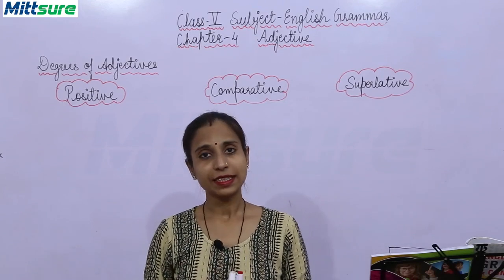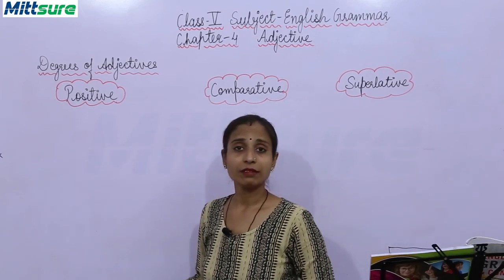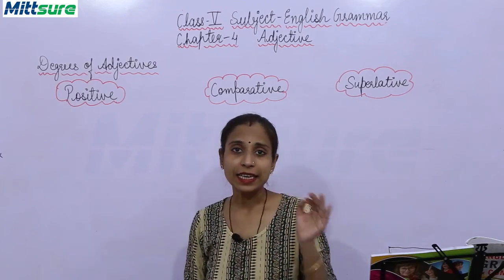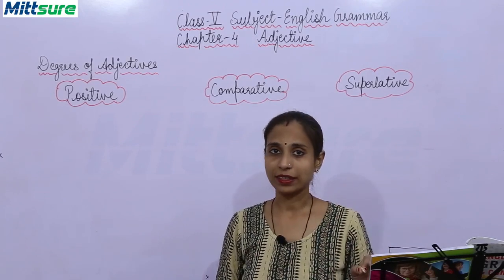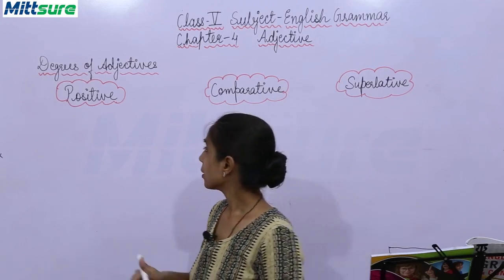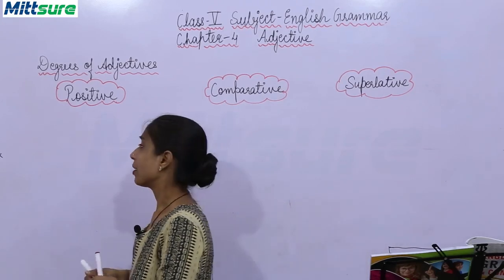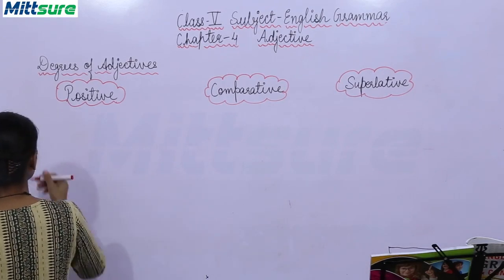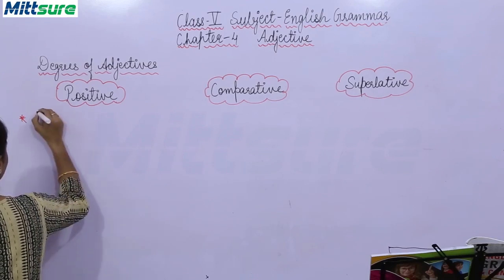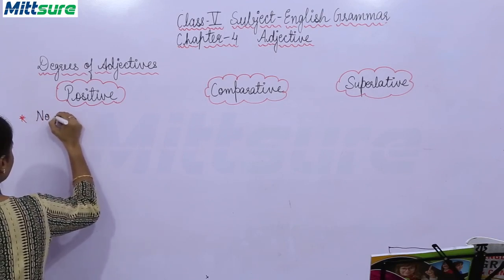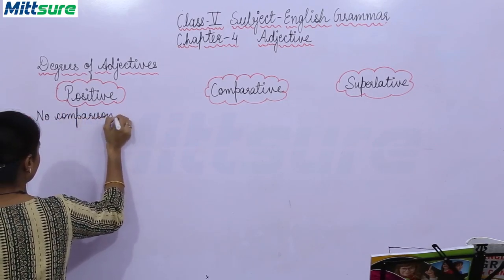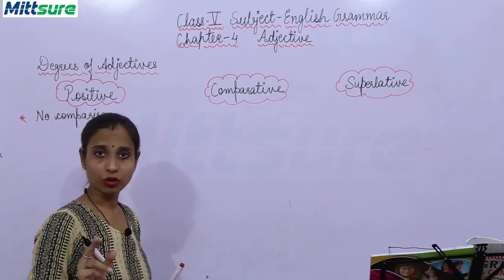Second thing is that when we use positive degree, we declare that there is no comparison of one thing with the other. Got my point? We use positive degree when there is no comparison.